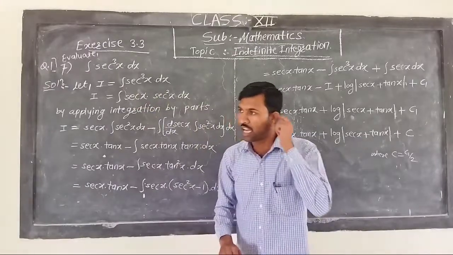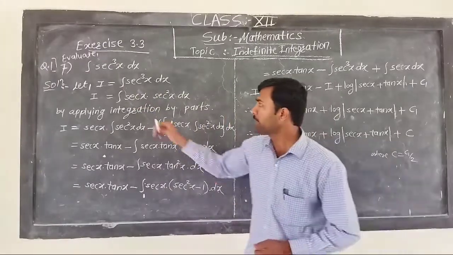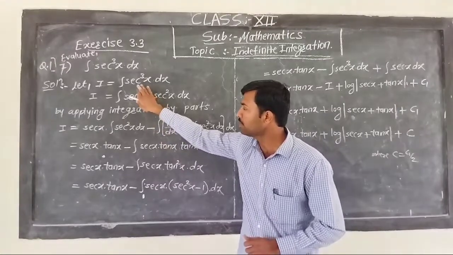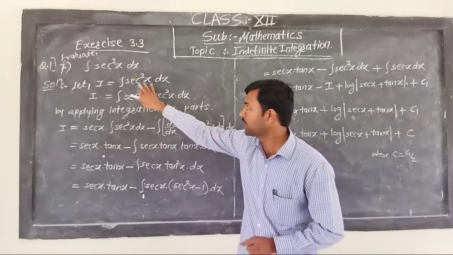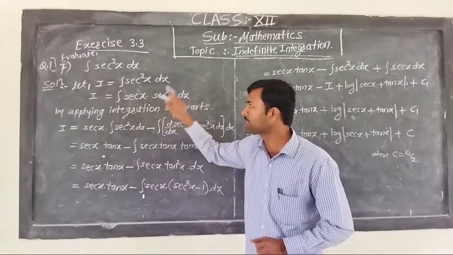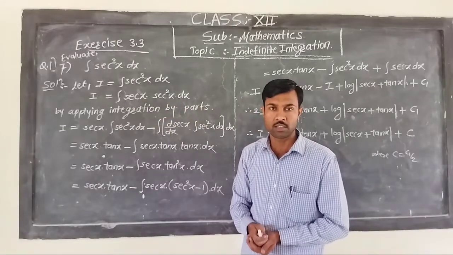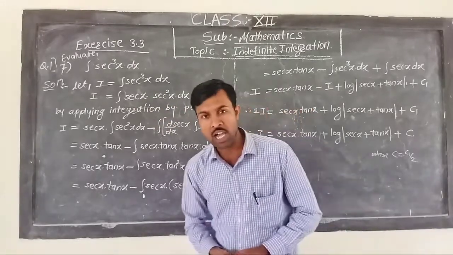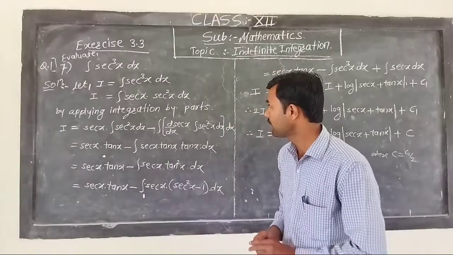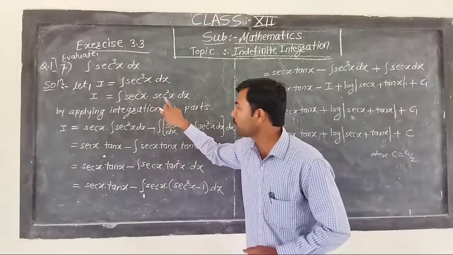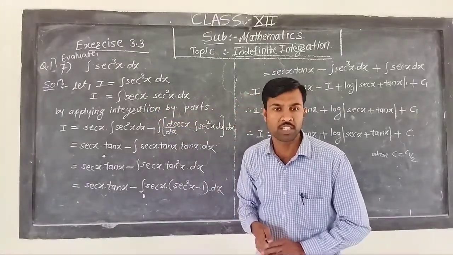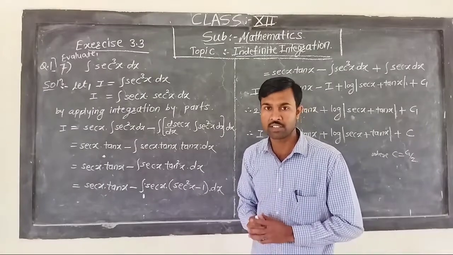But friends, I have a suggestion that we write this function sec cube x as sec x into sec square x dx. Why have I chosen it? Because we have the formula for integration of sec square x dx, that is tan x.